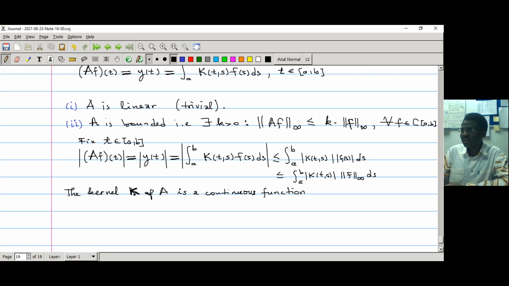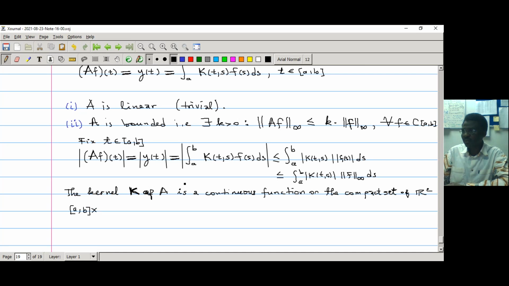This is an extra information that I am supplying. It's a continuous function on the closed interval, which is compact, on the compact set of R2. That is the interval AB.